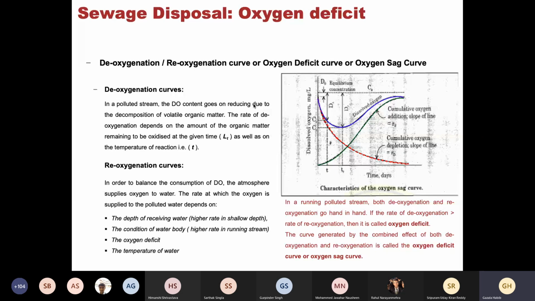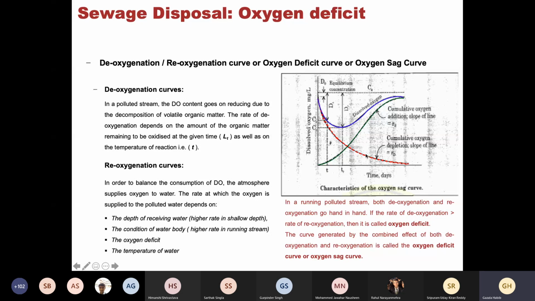And now what I have told you just before, deoxygenation and reoxygenation: here you can see on the right hand side the curve where the dissolved oxygen is on the y-axis and time in days on the x-axis. After disposal of sewage, the red curve, the cumulative depletion slope, is the deoxygenation.